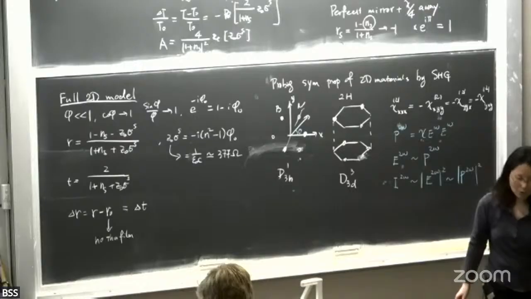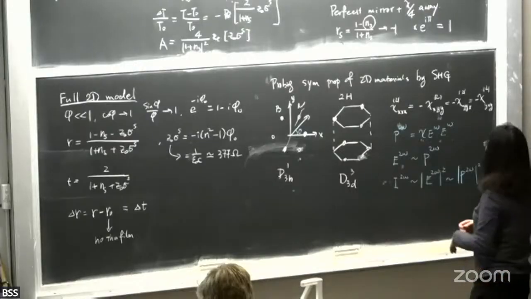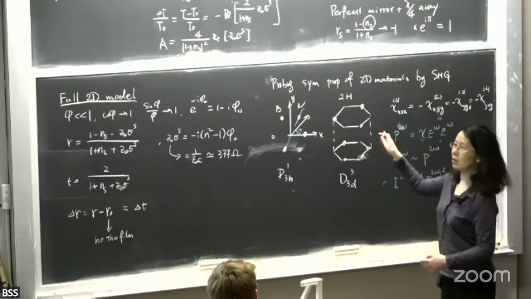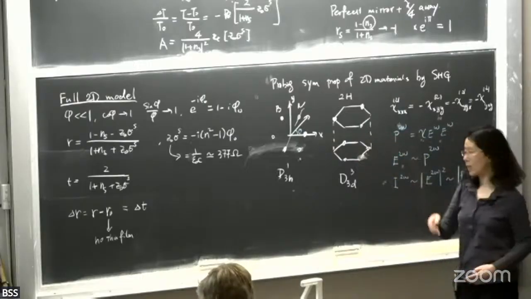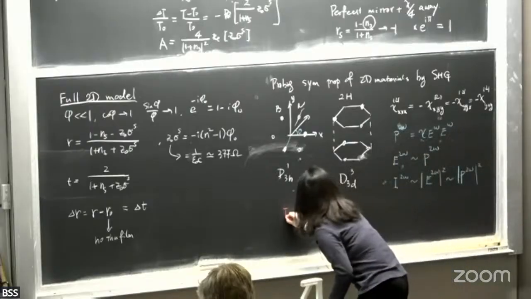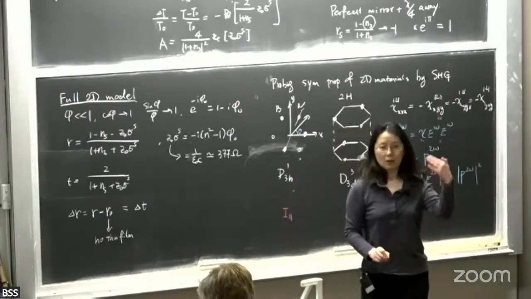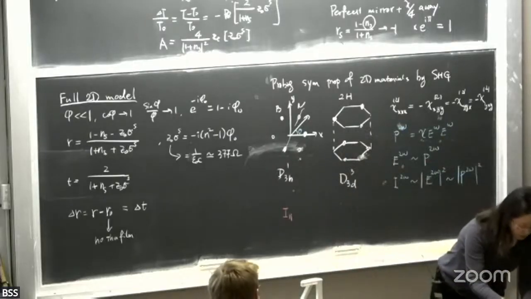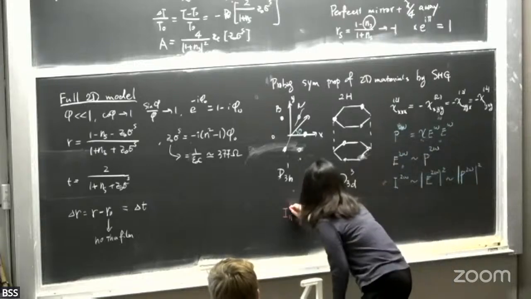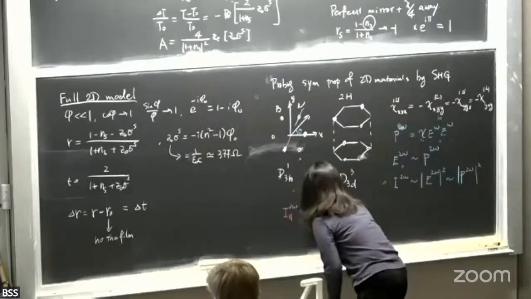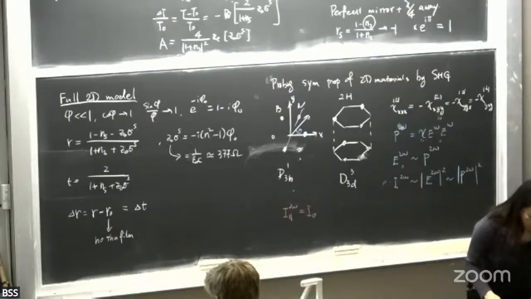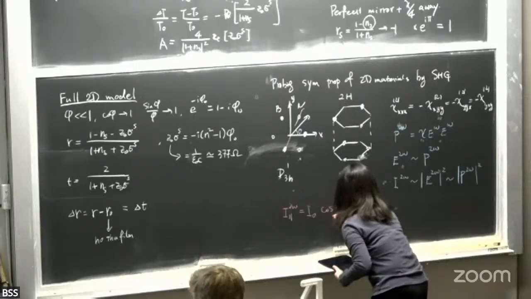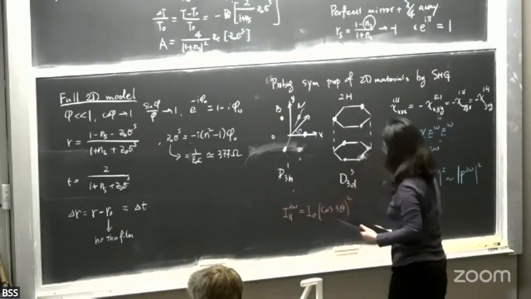If I look at the projection of the emitted second harmonic along the direction of the fundamental excitation, called I parallel, this gives me some intensity times cosine 3 theta squared.